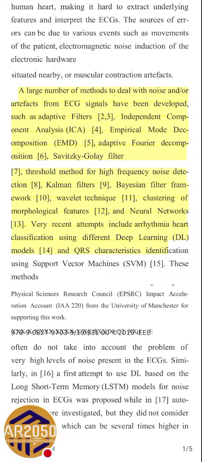So we stick with adaptive filters or a Butterworth filter with op amps. The second is independent component analysis, ICA. I had uploaded a fast ICA video where I talked about this noise suppression technique, and there is a fast ICA library in Python. I talked in detail about independent component analysis.